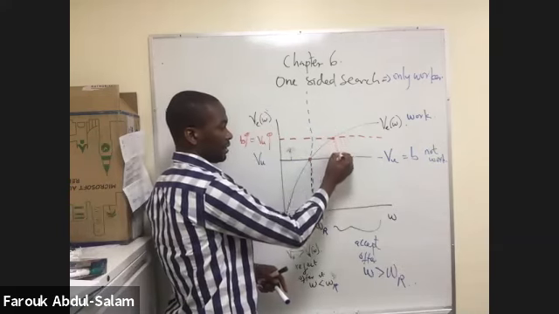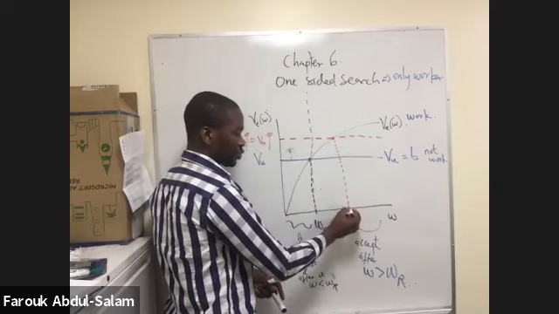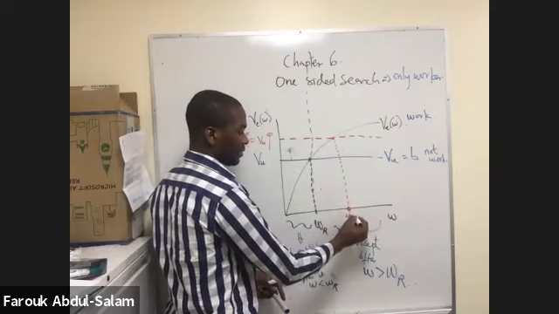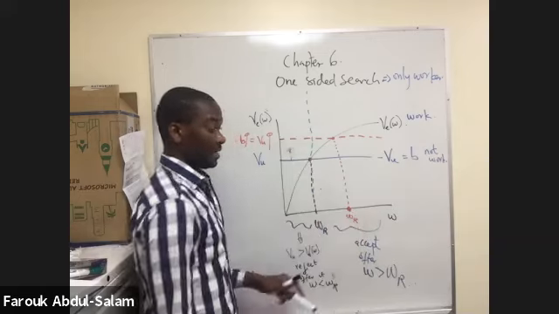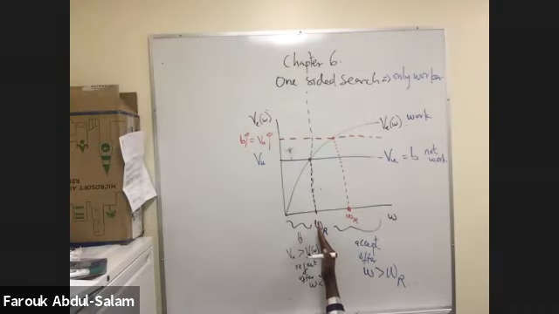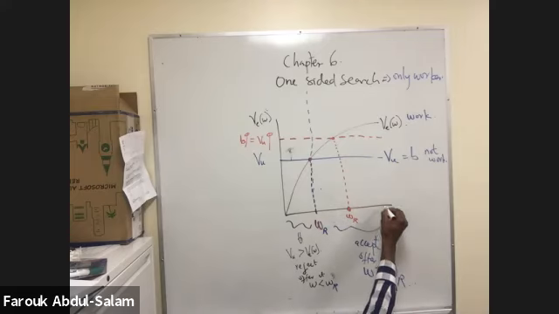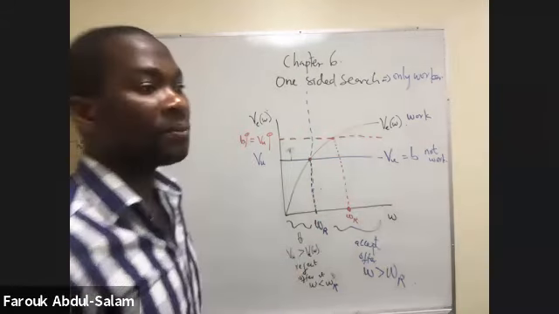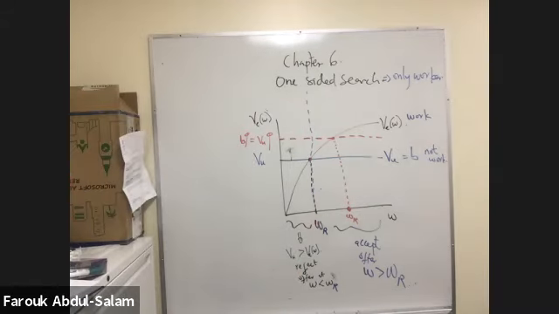He becomes super picky because his reservation wage has now gone up. He doesn't accept offers that much anymore. At first, he accepts offers from here to here. Now he's accepting offers just from here to here. So that's what the CERB does to us. It makes us super picky, and it doesn't allow us to accept offers that much. And by that, we wouldn't be willing to work that much. Is that okay? Questions? No questions. Good.